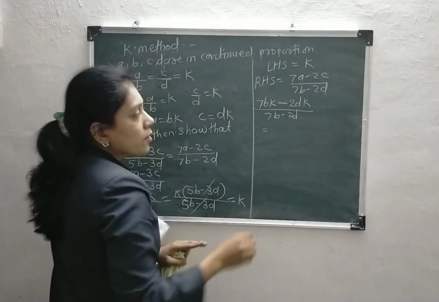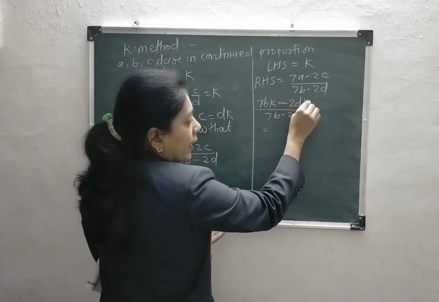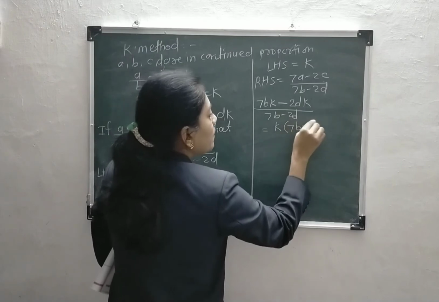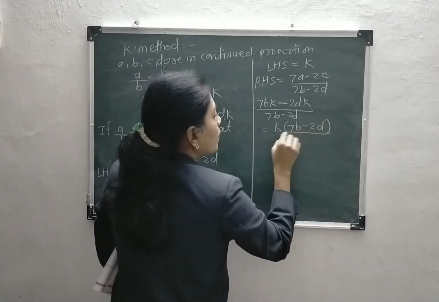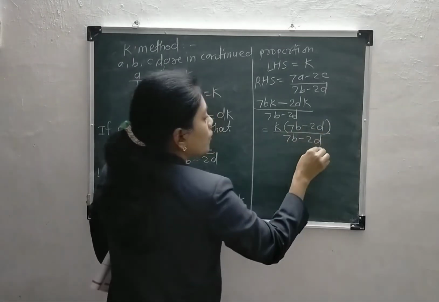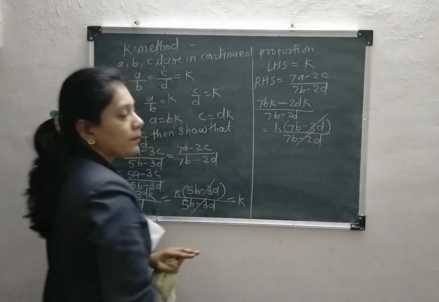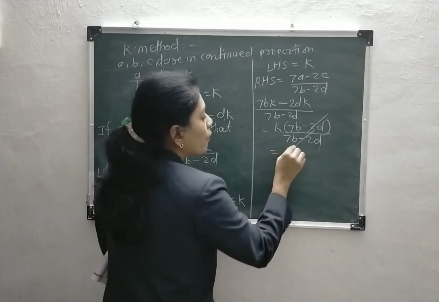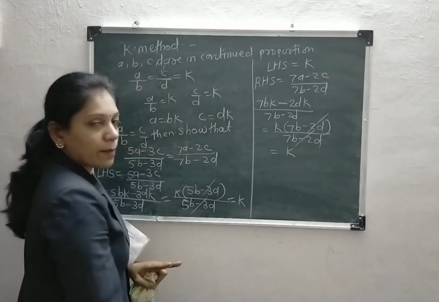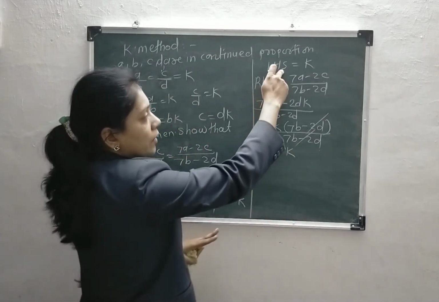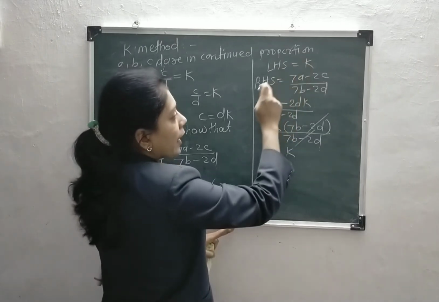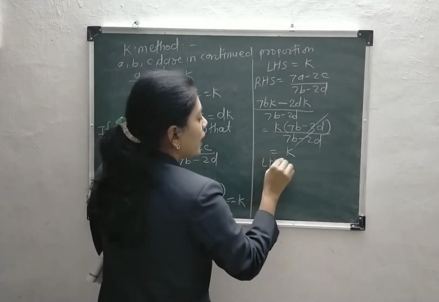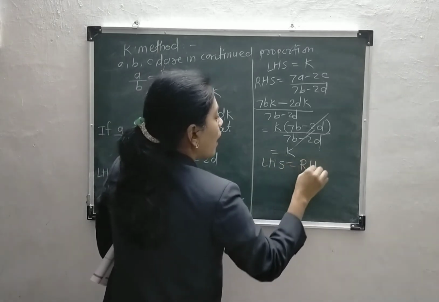Take K as common: K into (7B minus 2D) upon (7B minus 2D). So 7B minus 2D cancels in numerator and denominator. Only K is remaining. Means LHS value is K and RHS value is also K. Therefore LHS is equal to RHS.